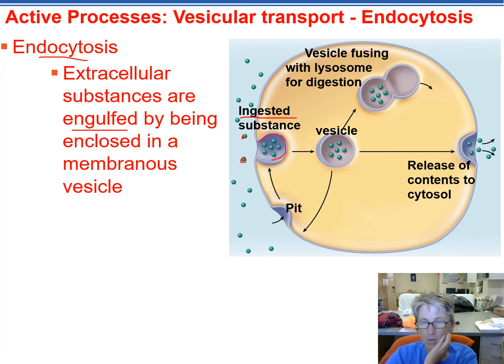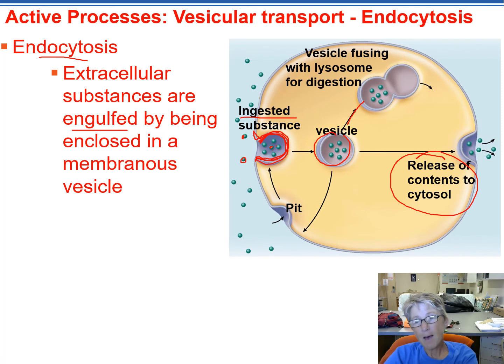So membranous, you should always think if it's got a membrane, it's the phospholipid bilayer or a lipid bilayer. And then once the substance to be ingested, the green balls, is ingested, you have a vesicle, and we talked about this, the vesicle can fuse with a lysosome, or the vesicle could move to the other side of the cell and just release the contents on the other side of the cell.